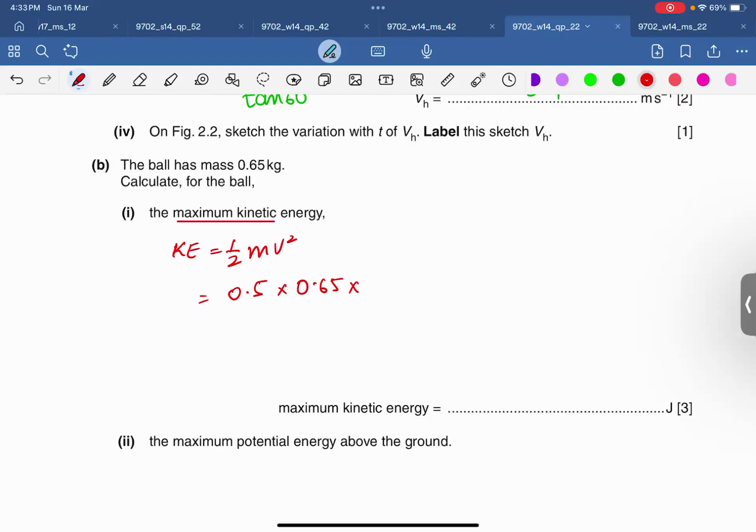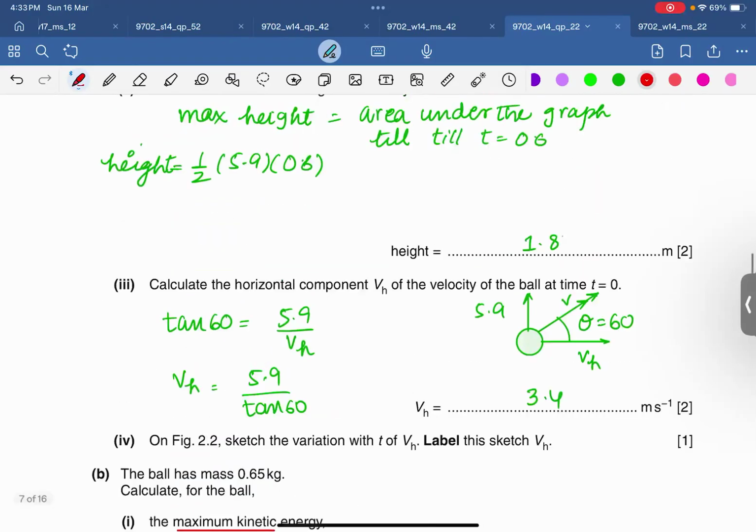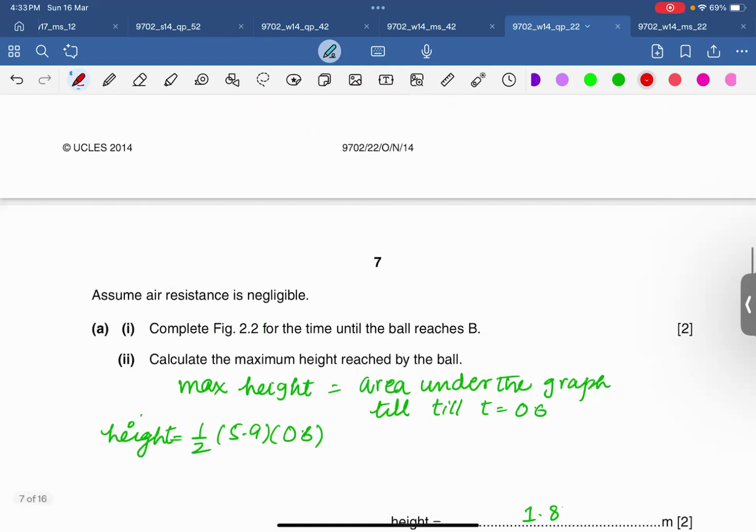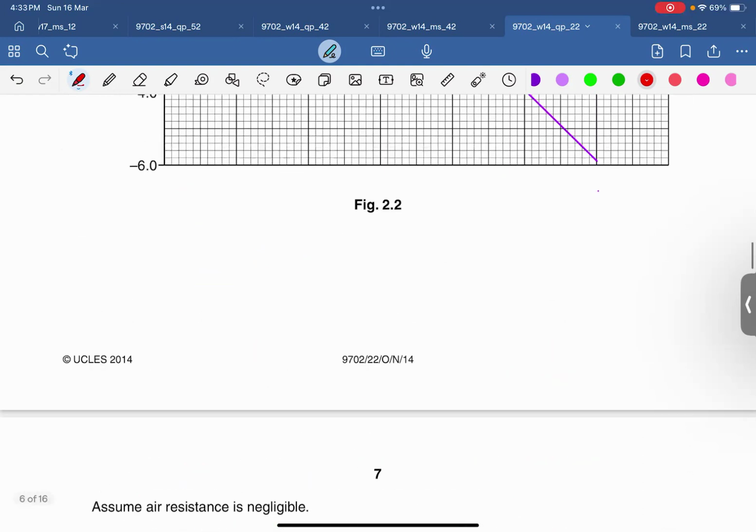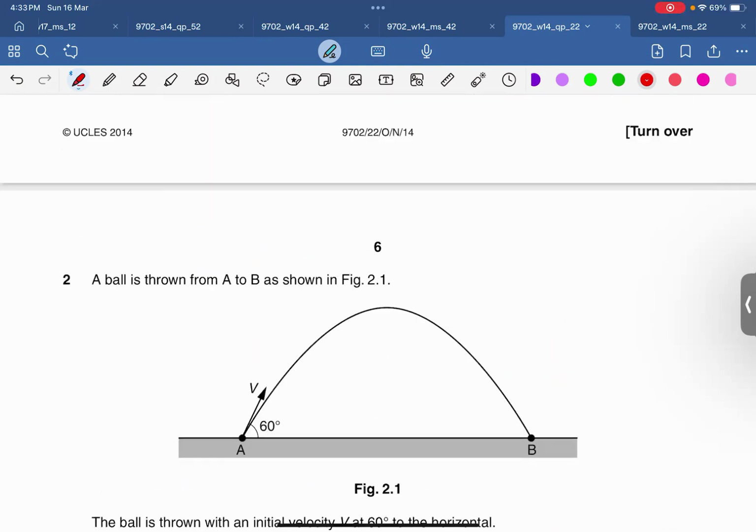So for that you should have this velocity v, which is the resultant velocity. For the maximum kinetic energy, you require the resultant velocity, because energies are directionless, right? So this was 3.4 and this was 5.9. Just apply the Pythagoras theorem to find v. How much?